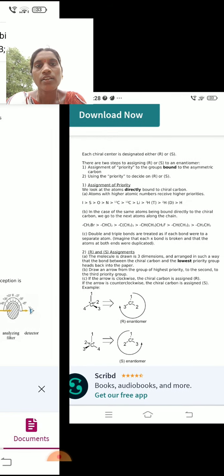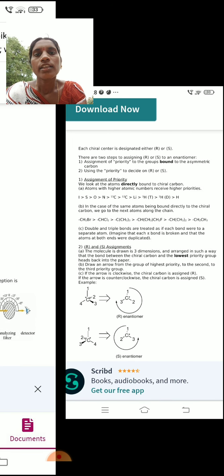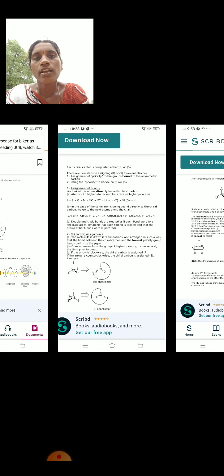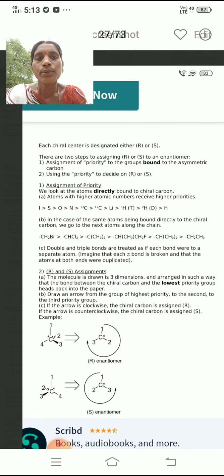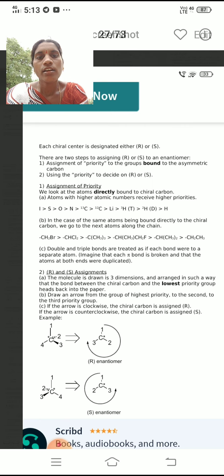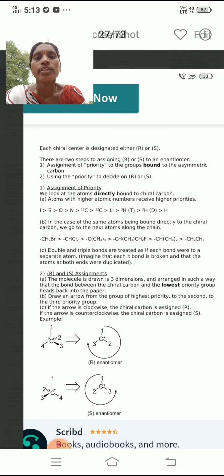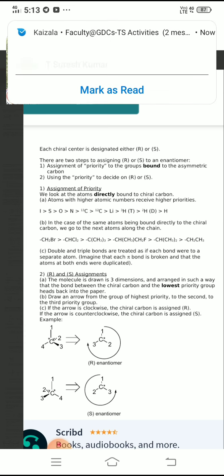In RS nomenclature each chiral center is designated as either R or S. There are two steps to assigning R or S to an enantiomer. In the enantiomers, one isomer has R configuration and the other isomer has S configuration.